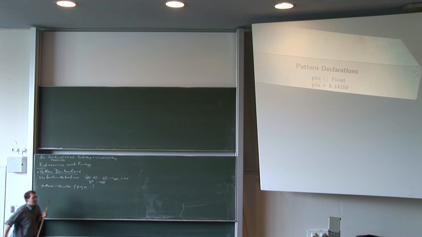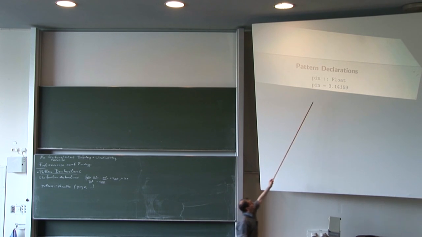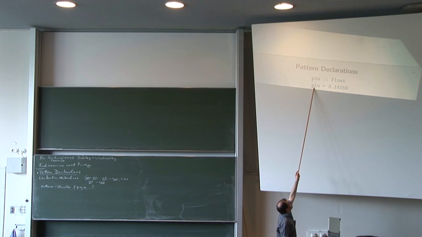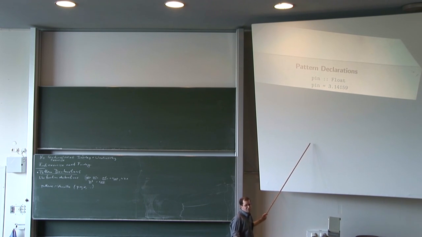This should be the constant pi. Pi is predefined in Haskell, therefore I called it pin. I didn't come up with a better name. So if you want to declare a certain constant for pi or for pin, you can just write this. This should be the constant which has the value, well, something like the number pi. You can also see that in addition to integers, there are also other numbers in Haskell.